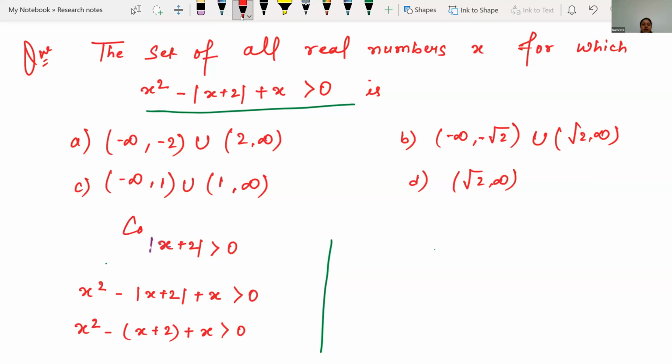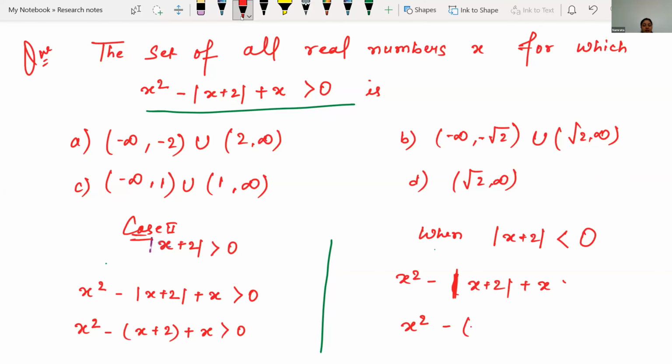Yes, ma'am. And the other case will be when it is less than 0. When x plus 2 is smaller than 0, then as I said, the function will give one more negative sign. So x square minus mod of x plus 2 plus x will become x square minus of minus of x plus 2, plus x.